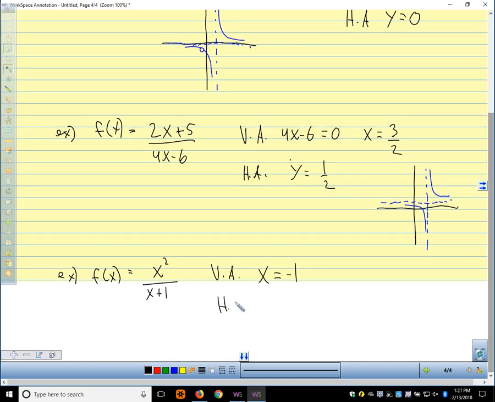Horizontal asymptote. None, because the degree of the numerator is larger. No horizontal asymptote. This rational function turns out to look like this.